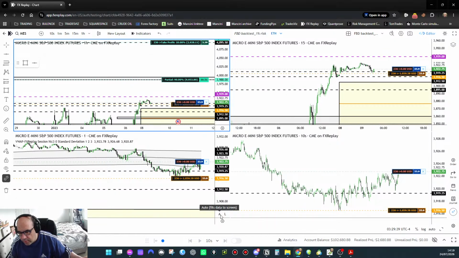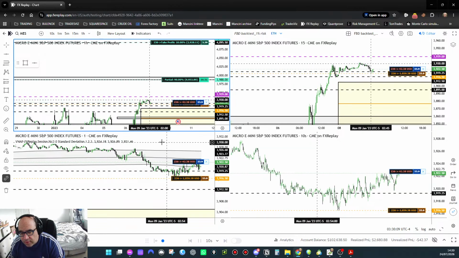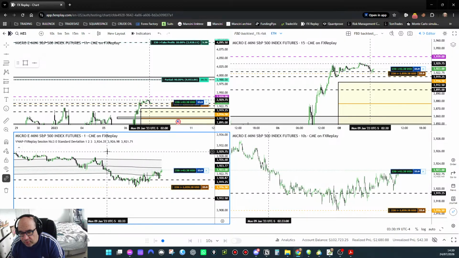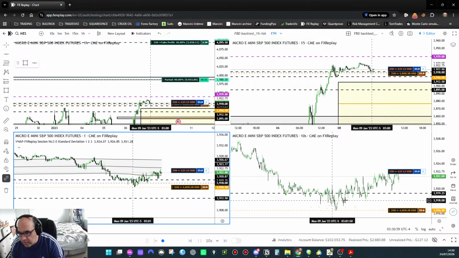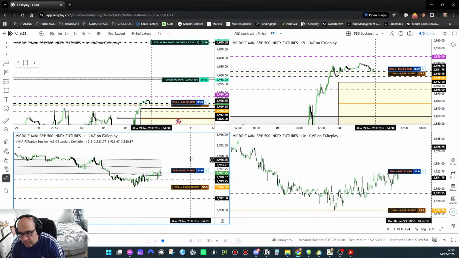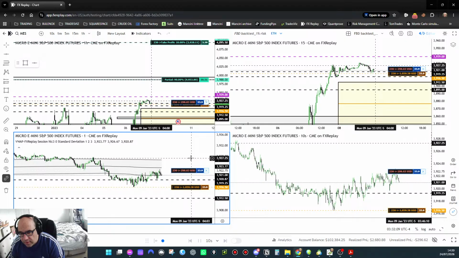All right, I think we're ready to go. And let's see. The stop loss is very tight, so I'm not really sure how it's gonna work. We back tested here the level, so we should hold in theory. You never know, of course.